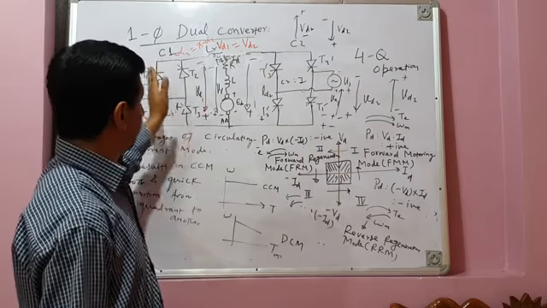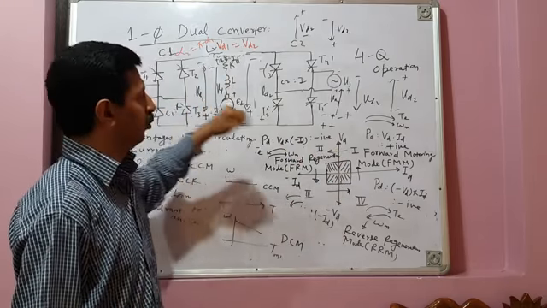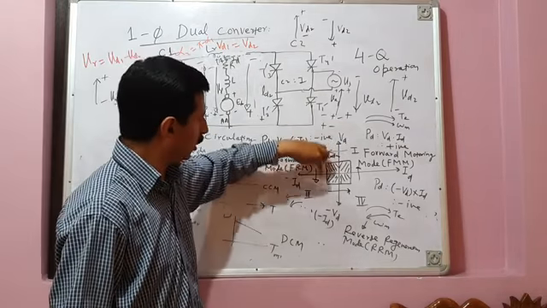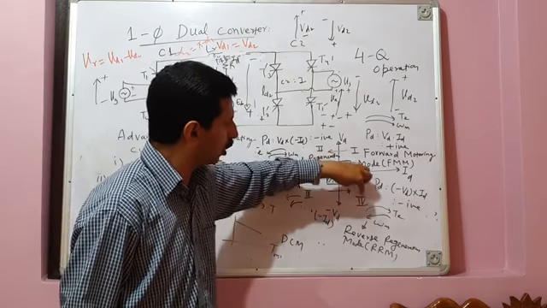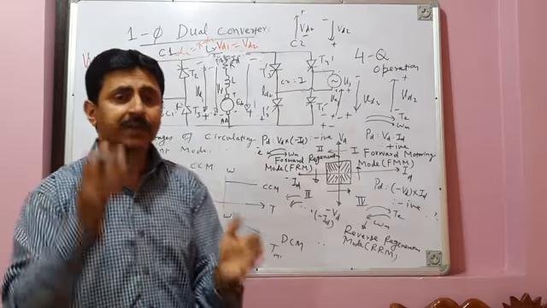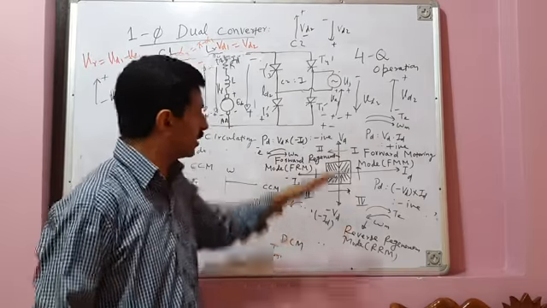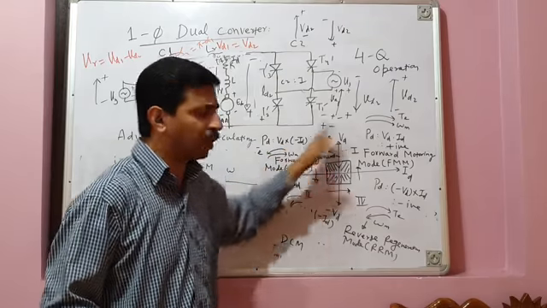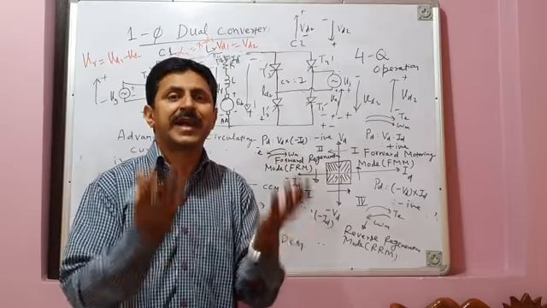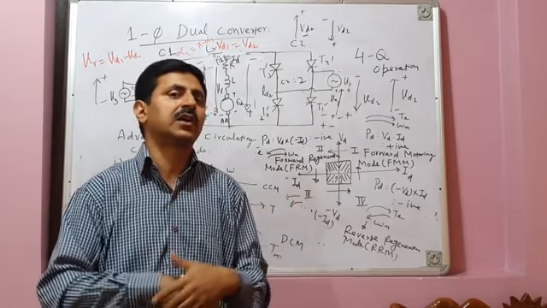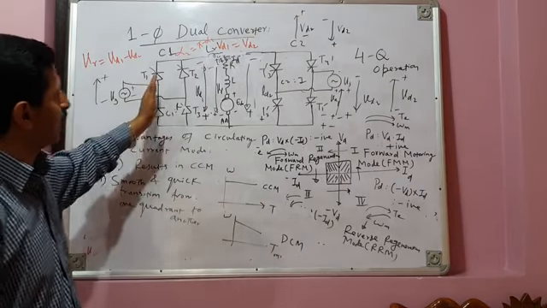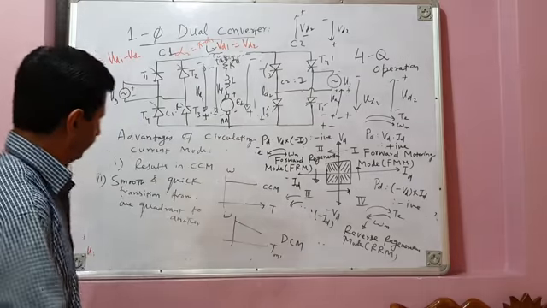If your converter is operating in circulating current mode, the transition from quadrant 1 to quadrant 2, quadrant 2 to quadrant 3, quadrant 3 to quadrant 4, and quadrant 4 to quadrant 1 is smooth and fast. On the other hand, in non-circulating current mode, the transition from one quadrant to another quadrant is not so fast. It's sluggish, and there are transients, and those transients are not preferable. Okay, so from this point of view also, circulating current mode is preferred.